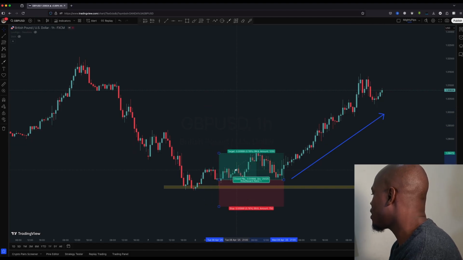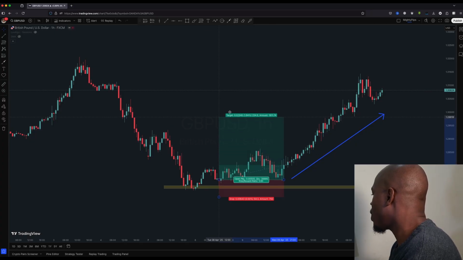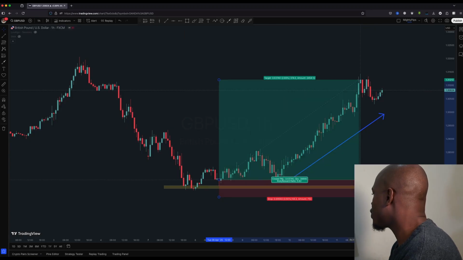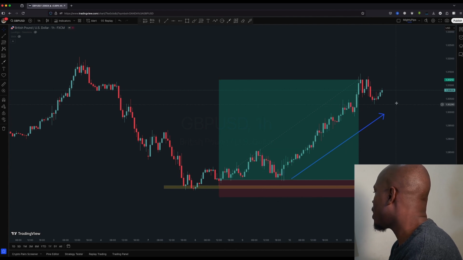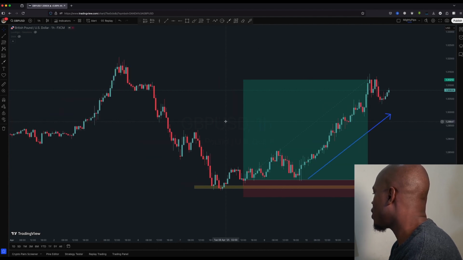So if we place this tool and we put our stop loss down here, meaning we are going to lose if the trade comes back to this level, then this green part is what we are going to win. If you hold this trade and put, for example, your take profit up here, you can make all this money as the pound gains value against the United States dollar.